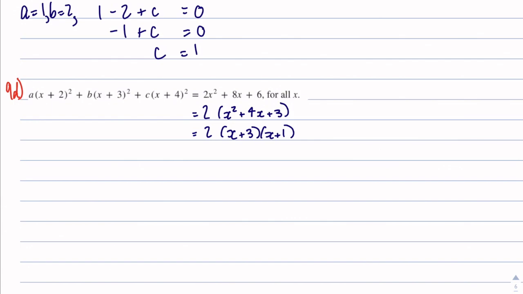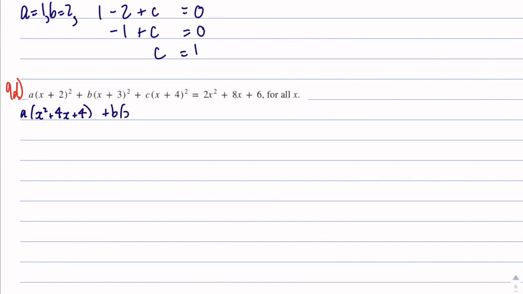No, I think I am going to have to expand this whole thing on the left. Sorry, there's one way to do it, and it's the hard way. So we've got a outside of x squared plus 4x plus 4, plus b outside of x squared plus 6x plus 9, plus c outside of x squared plus 8x plus 16.